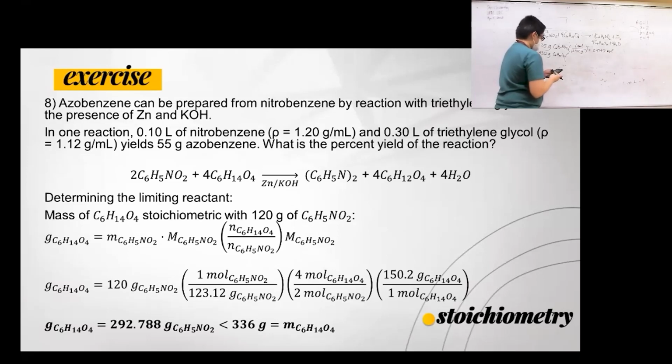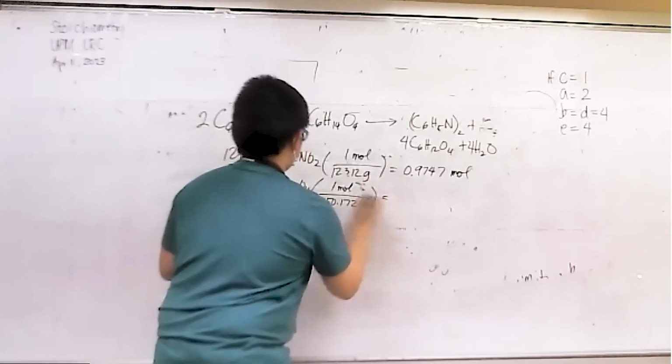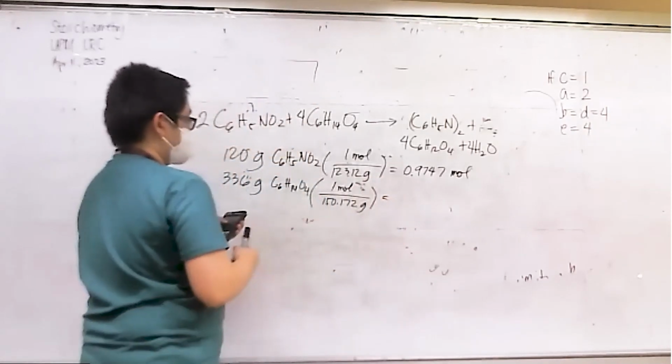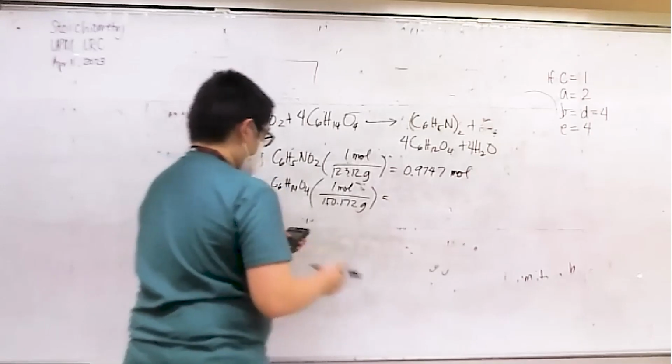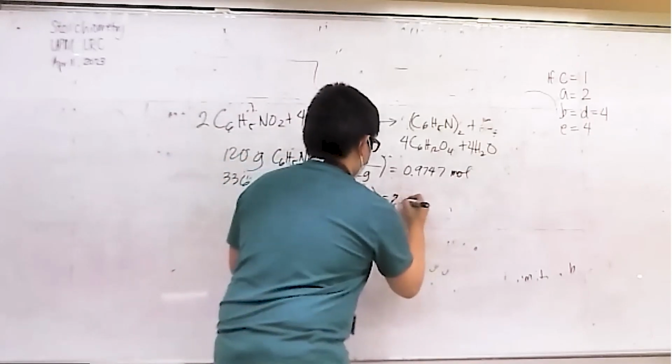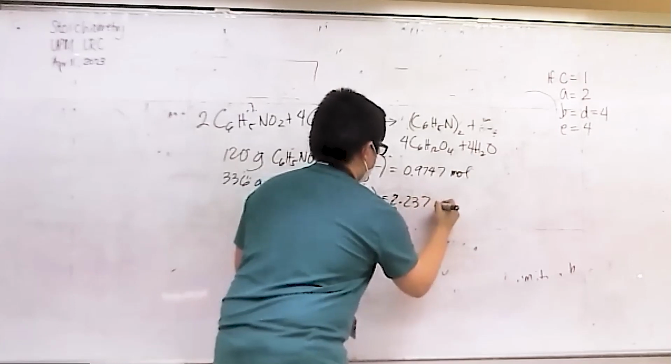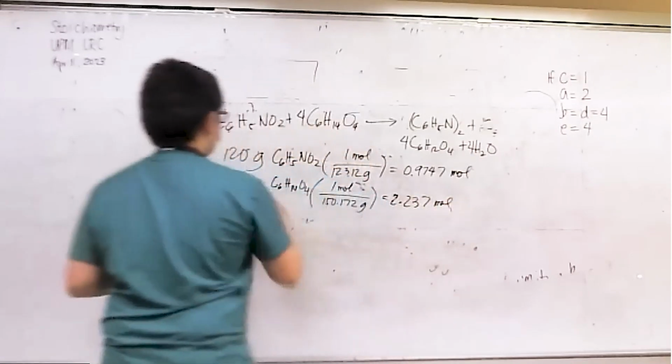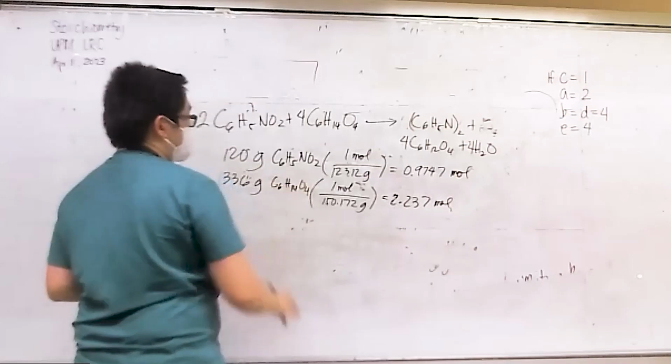That's 150.172 grams per 1 mole nitong C6H14O4. So when you compute that, makukuha mo actually is 2.237 moles.